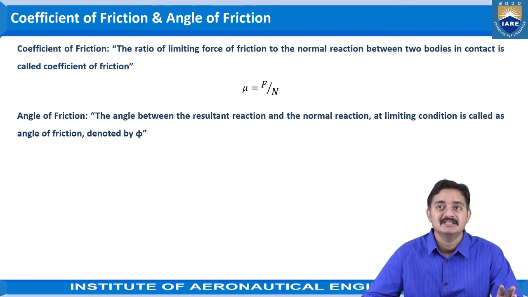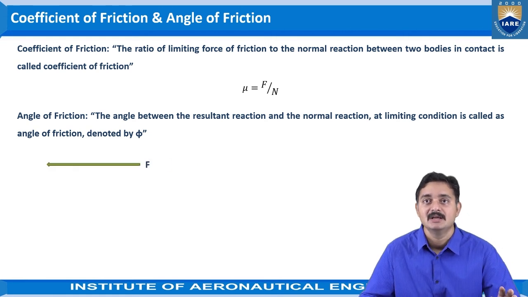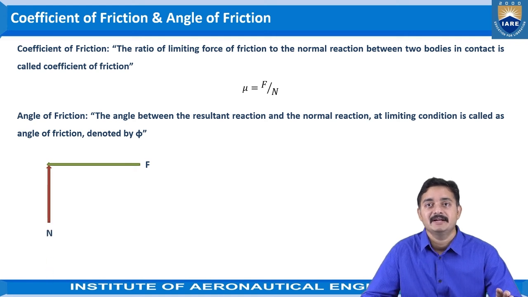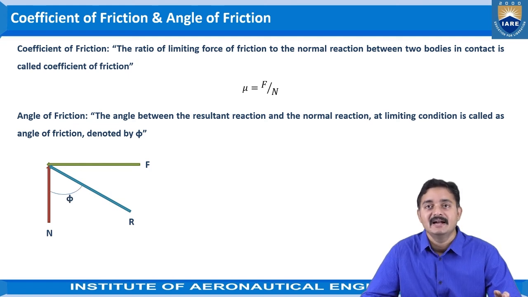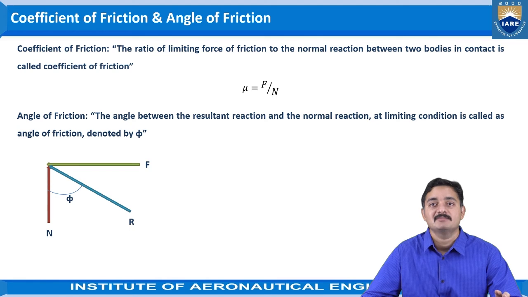So the angle between the resultant reaction and the normal reaction at limiting condition is called the angle of friction. For understanding this, let us see the frictional force applied towards the left side, and the normal reaction towards the object, and the resultant reaction which is the combination of F and N, and the inclination between the normal reaction and the resultant reaction is called the angle of friction.